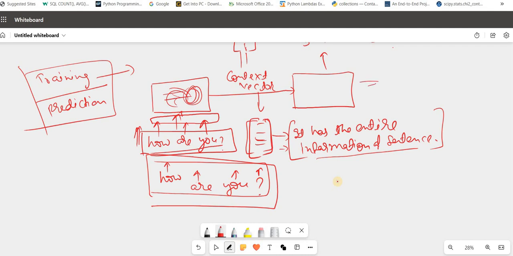So that part will come here: till what time will it take the input? If you give a paragraph, it will continuously take input, and until the data stops, it will not create the context vector. Once you stop, it will create the context vector.